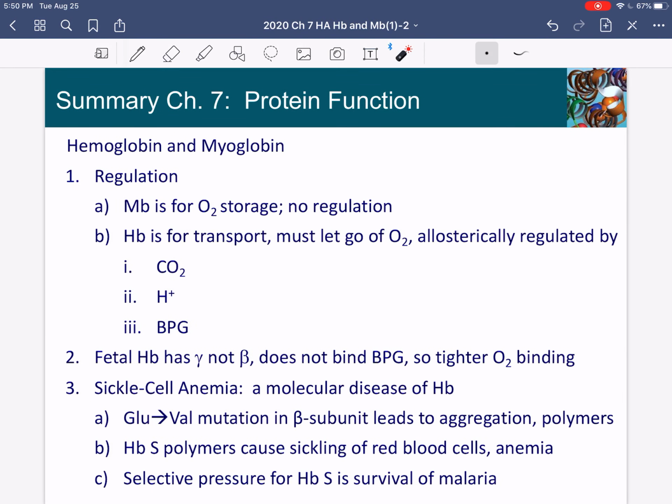All right, so chapter 7, we covered 2 different types of protein function. There are as many different protein functions as there are proteins, so we couldn't cover everything. There are some more examples in chapter 7 that you may want to study if you're going on to take the MCATs.